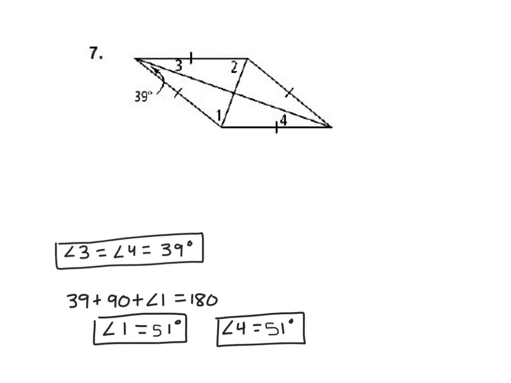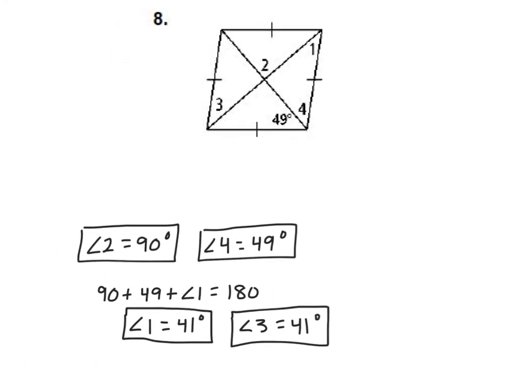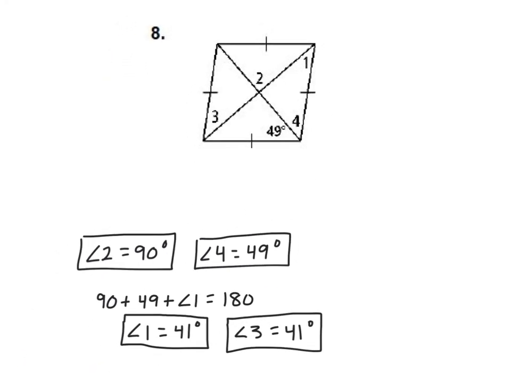Go ahead and check your answer. All right, pause the video. Let's go ahead and check our answer here. So remember, even if we're not trying to find one of these central angles, we'd still know that it's 90. So we can say 39 plus 90 plus angle 1 equals 180. And these should all be congruent. All right, go ahead and pause the video. Check your answers here.